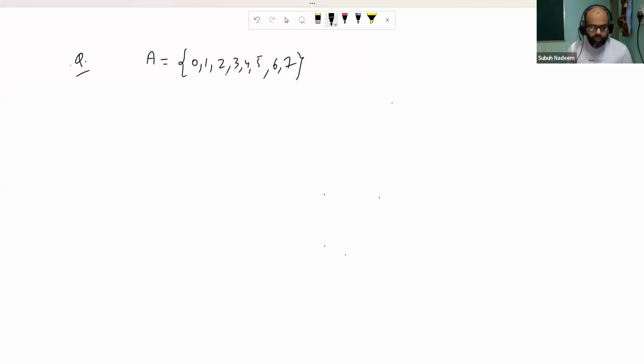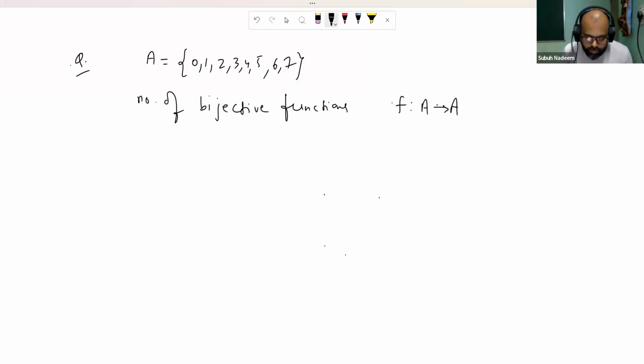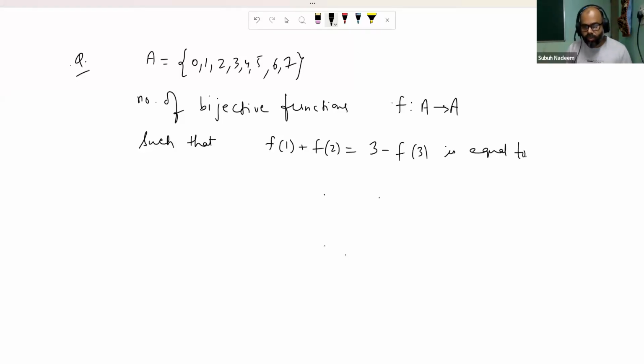Then the number of bijective functions f: A to A, bijective, you know, one-one and onto, as we discussed above, such that f(1) + f(2) = 3 - f(3), is equal to, fill in the blanks.